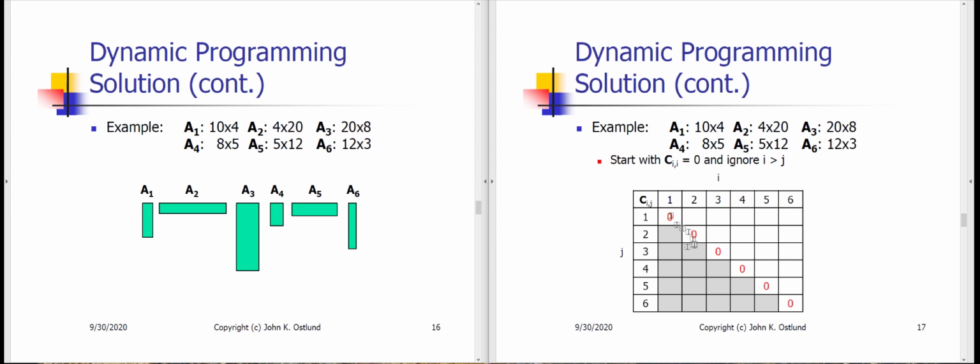So now let's take a closer look at our matrix that we're going to use to store these values of Cij. Did I do this upside down? I did this upside down.